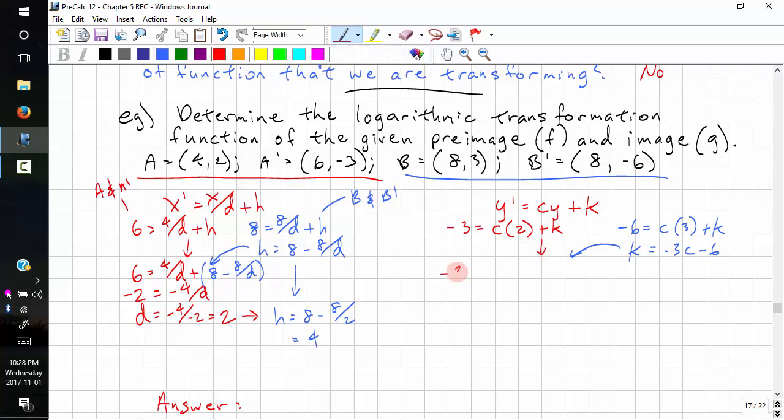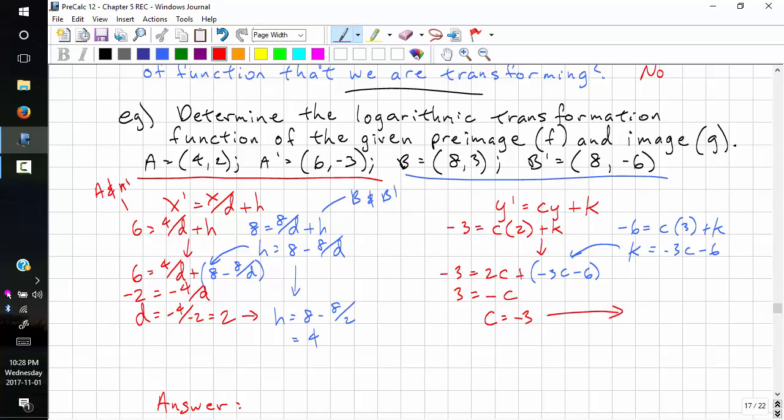So we have negative 3 equals, we'll call this 2c now, plus, and in brackets, negative 3c minus 6, and we solve. The negative 6 comes over to this side, it becomes positive, so 6 minus 3 is 3. We have 2c minus 3c, so that's minus c. So we move the negative over to the other side, and c equals negative 3.